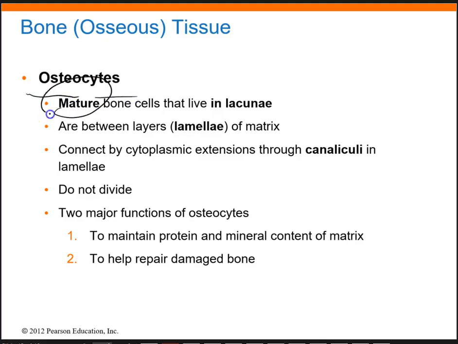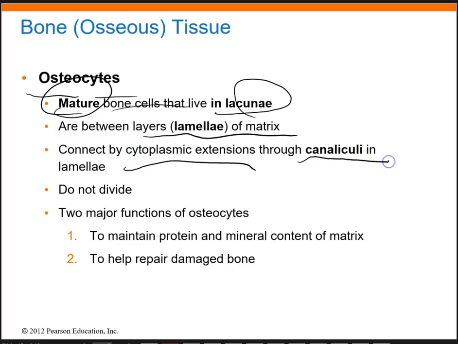Osteocytes are mature bone cells that live in the lacuna, in the small little space. That means that they're completely surrounded by matrix. They're sandwiched between layers or lamella of bone matrix, and they connect to each other via little extensions of their cytoplasm, little octopus arms that reach out through canaliculi.